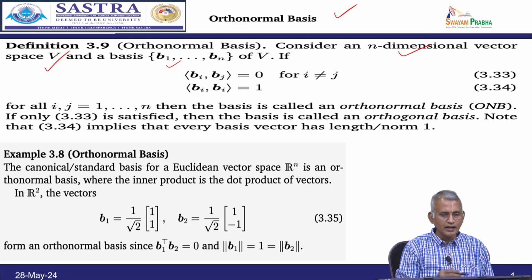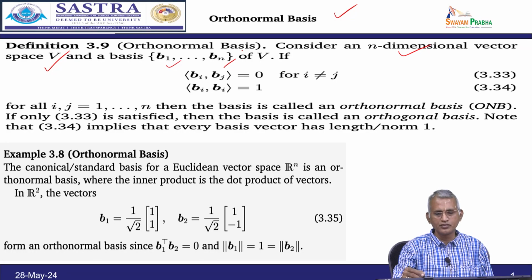If the inner product of Bi comma Bj is equal to 0 if i is not equal to j, and if i and j are equal, then the inner product of Bi comma Bi equals 1. So, that is the meaning of orthonormal basis.